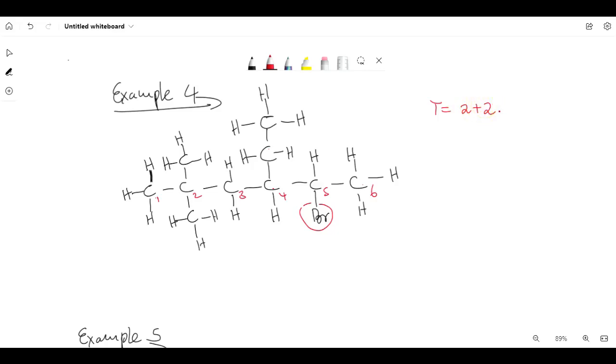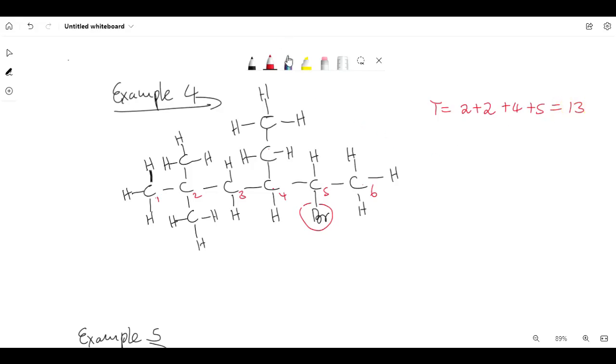I have an ethyl group at carbon number 4, plus 4. I also have a bromine at carbon number 5, plus 5. So here now I have 9 plus 4. So it means that now I have 13.